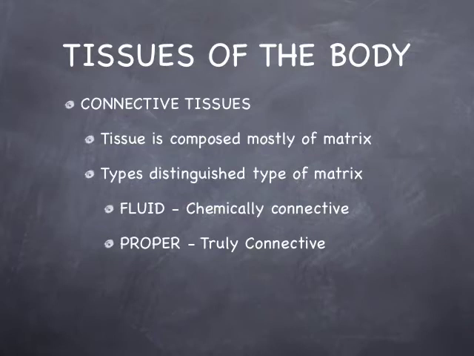So the proper types are the types that are truly connecting things in your human body. The third category there are the support tissues, and these are the ones that are forming the framework of your body. These you'd basically think of as bones and related tissues like cartilage.